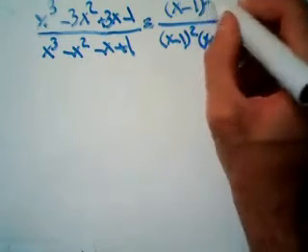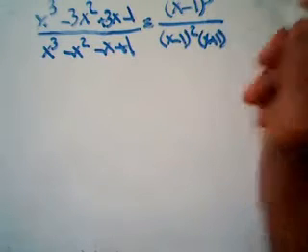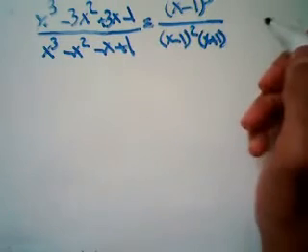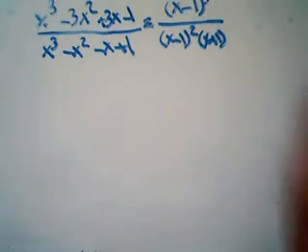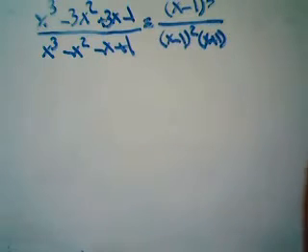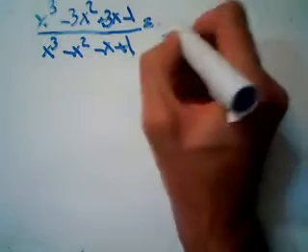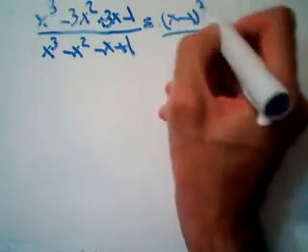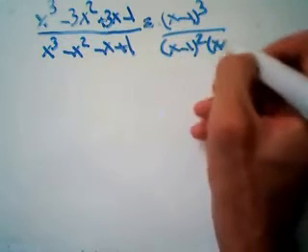So, (x minus 1) cubed over (x minus 1) squared times (x plus 1).